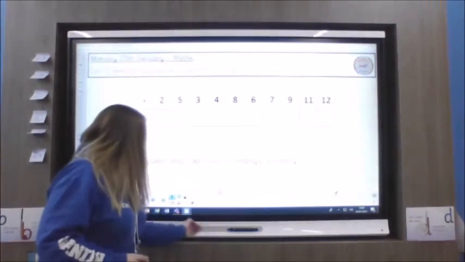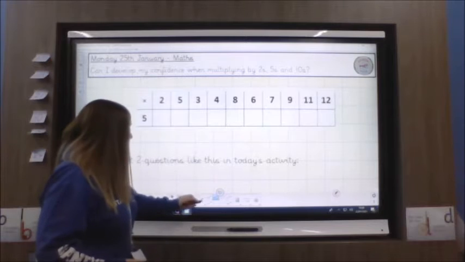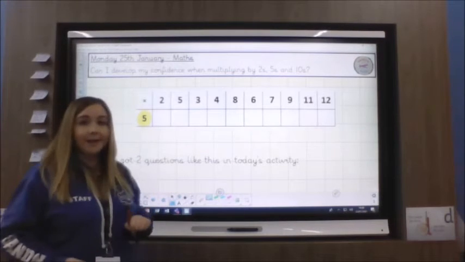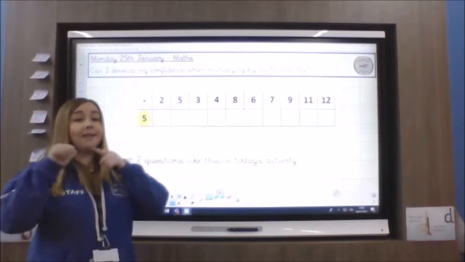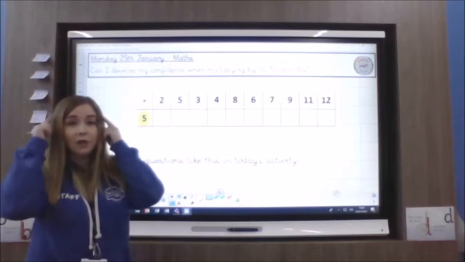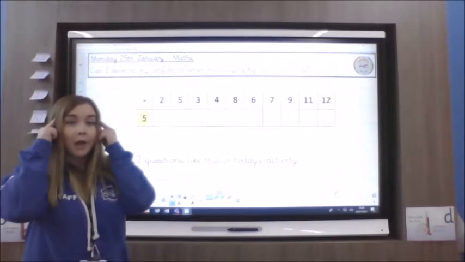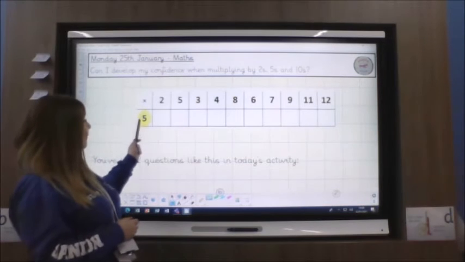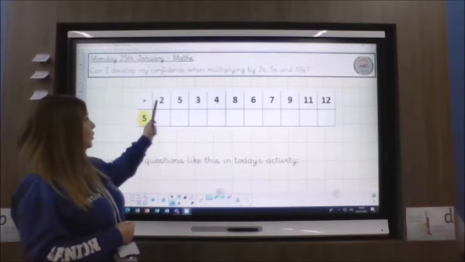So this number here tells us that we are using our 5 times tables, and we've already counted in fives and then we've splatted our fives, so they should be in our head. Okay, and what it's asking us to do is to do 5 times 2.